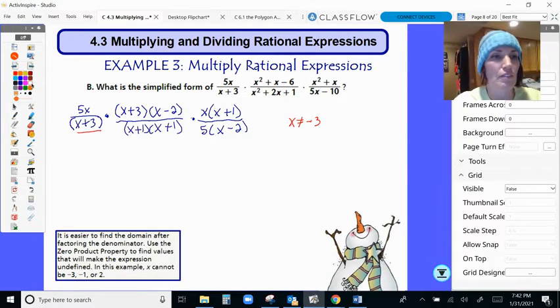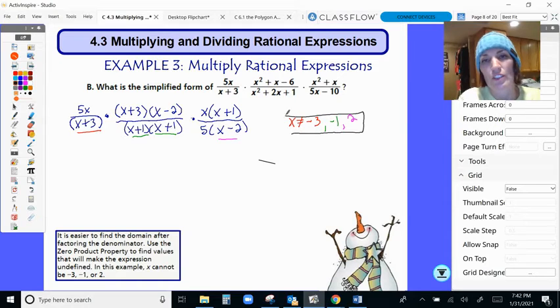Okay, that one's -3. This one, I cannot be both of these, so it's -1. I only have to put it once, I don't need to put it twice. Okay. Right here, and it cannot be equal to 2. So those are my restrictions right there. Okay. So these are going to be my restrictions on my final expression.